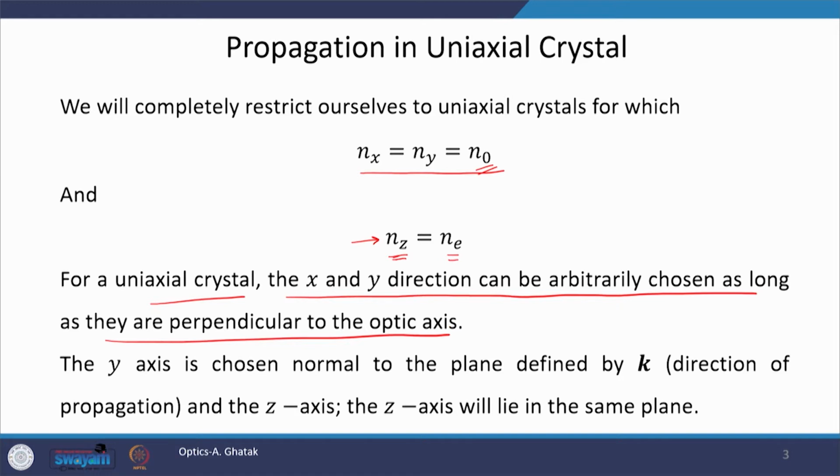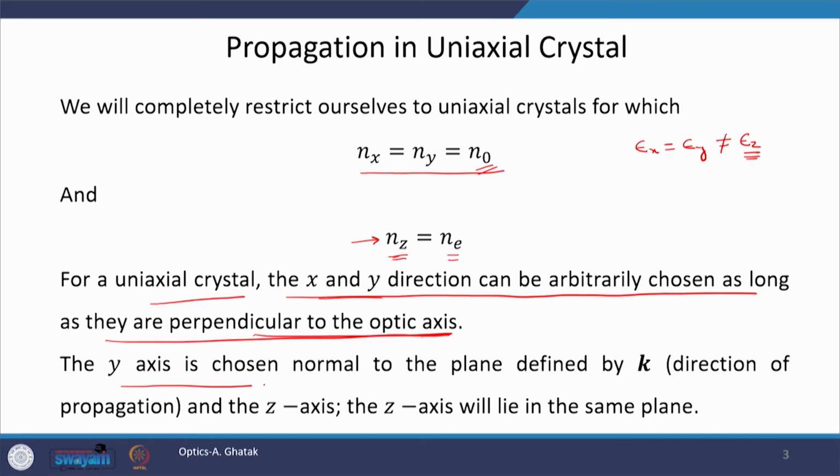We know that in a uniaxial crystal epsilon x is equal to epsilon y, which is not equal to epsilon z, the permittivity along the z axis. The z axis is the unique axis, therefore the x and y axes are identical, and this is why the x and y directions can be arbitrarily chosen, as long as they are perpendicular to the optic axis, which we choose along the z axis.